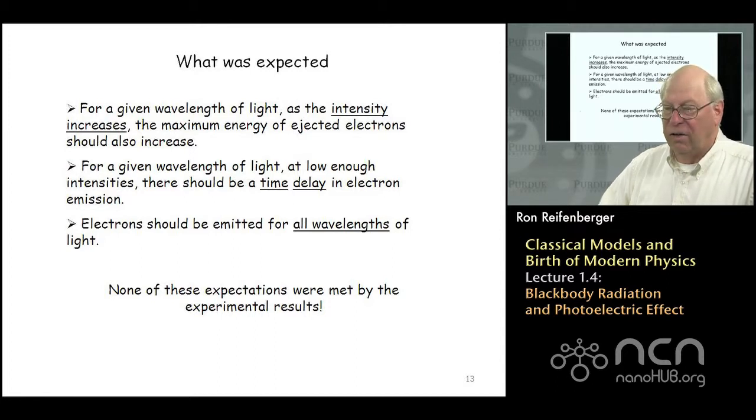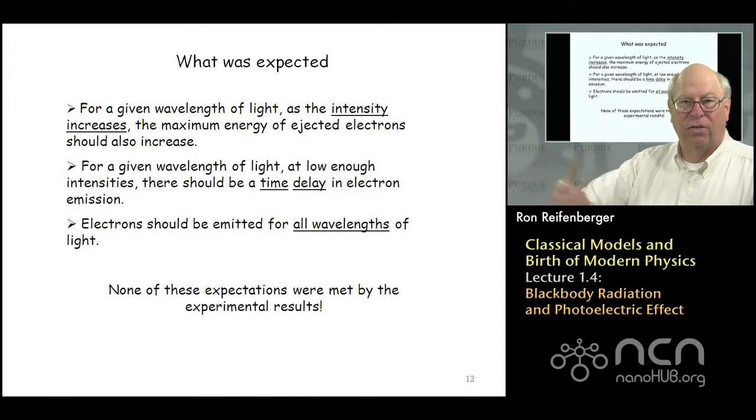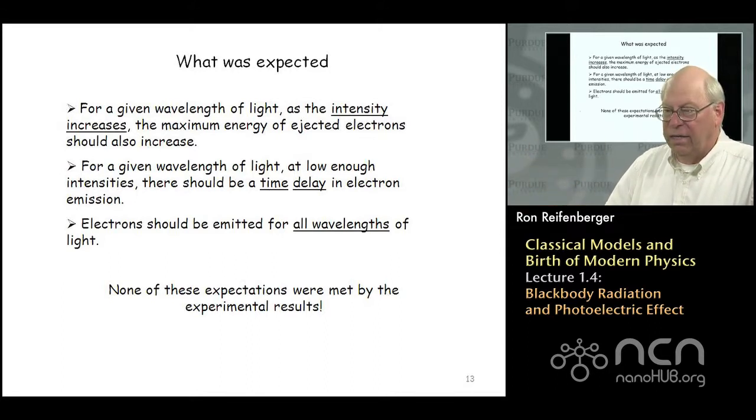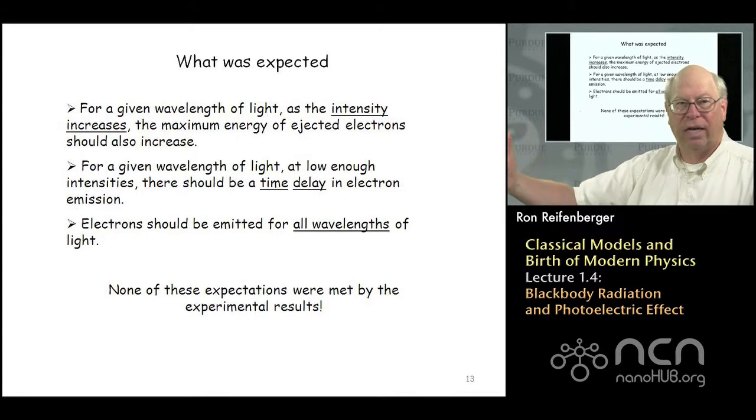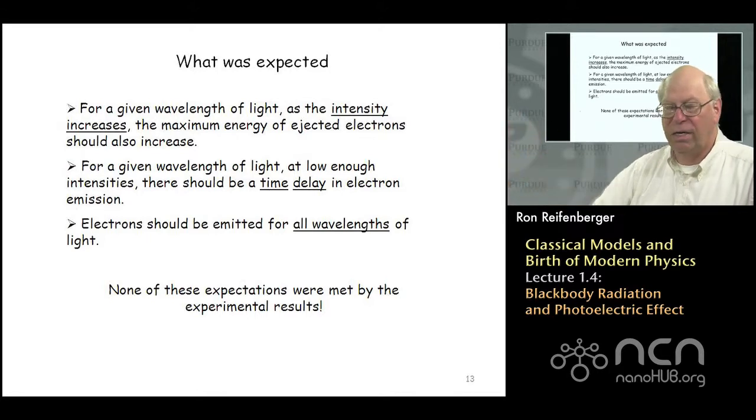And this just follows because the intensity is telling you the energy that you're depositing into the target. And as the intensity increases, you deposit more energy, and that increase in energy should then be somehow distributed into the energy of the ejected electrons.